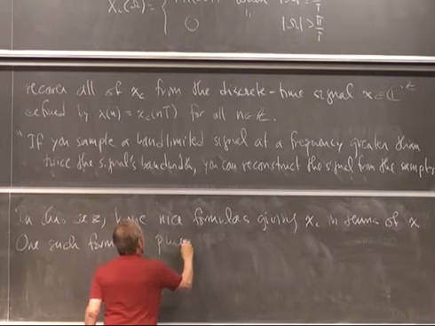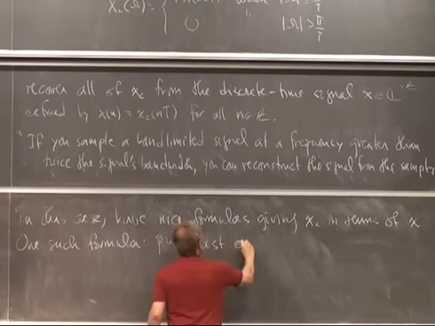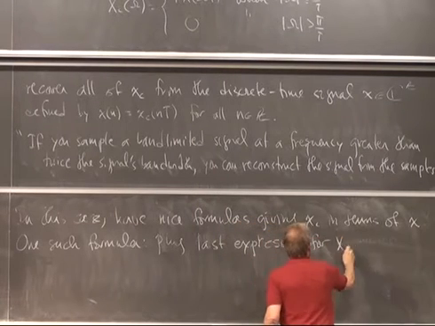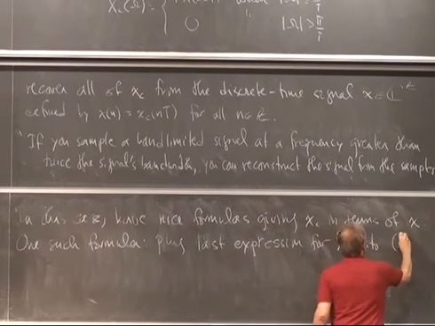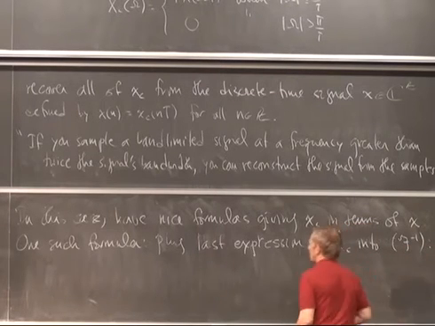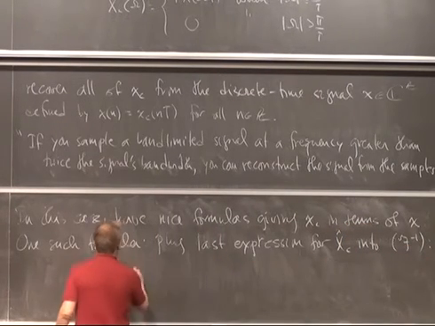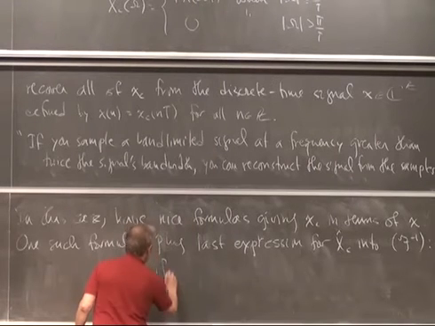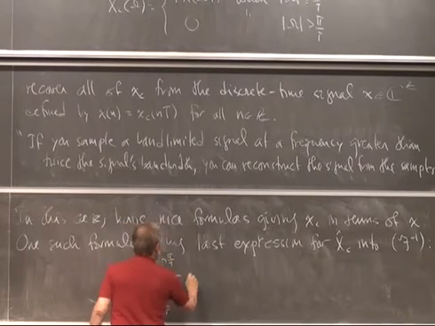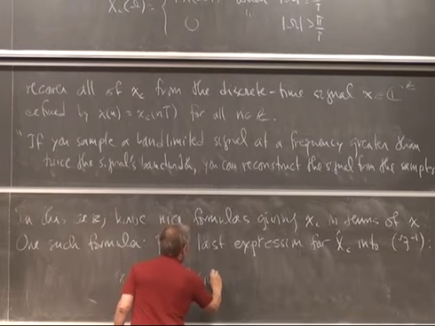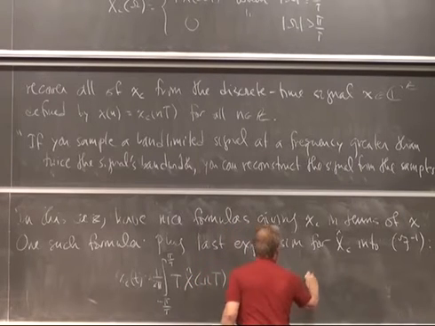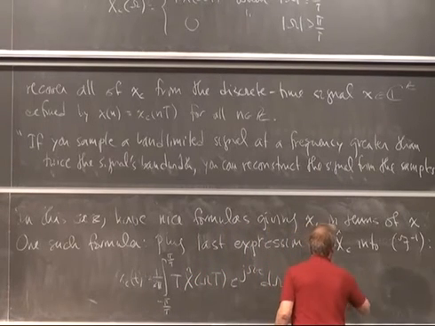You get xc of t equals 1 over 2 pi, integral from minus pi over T to pi over T, T x hat of omega T e to the j omega little t d omega, for all little t.